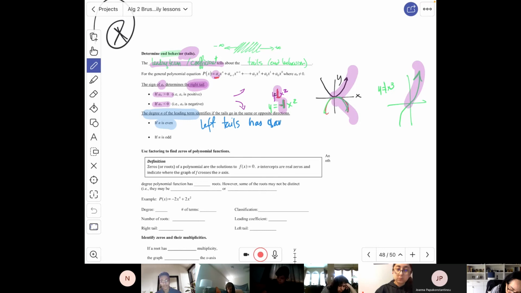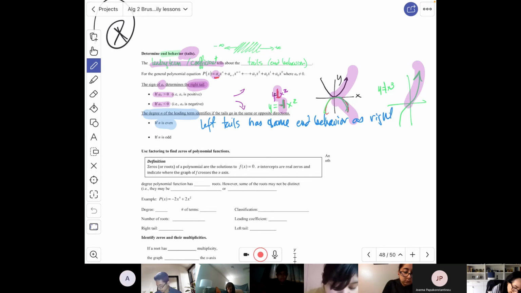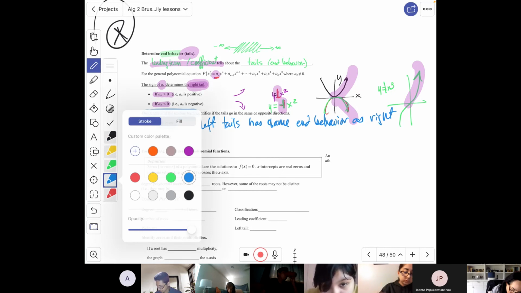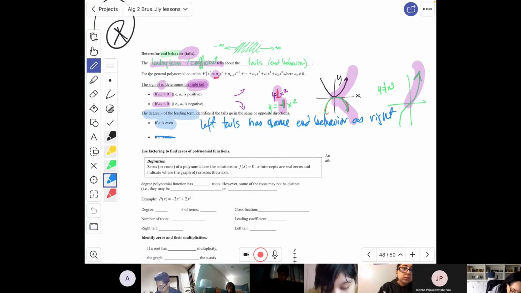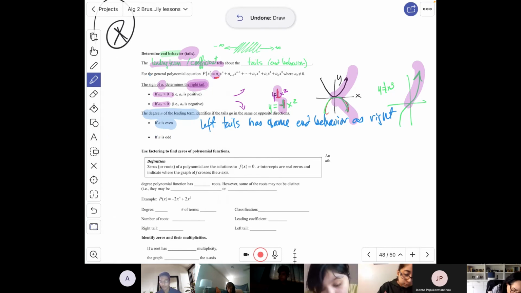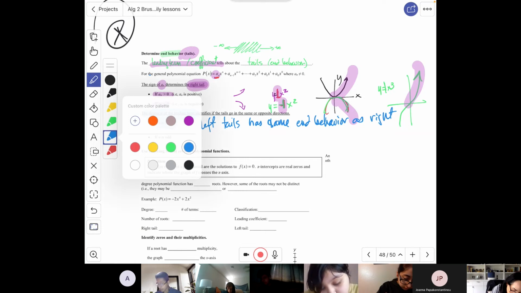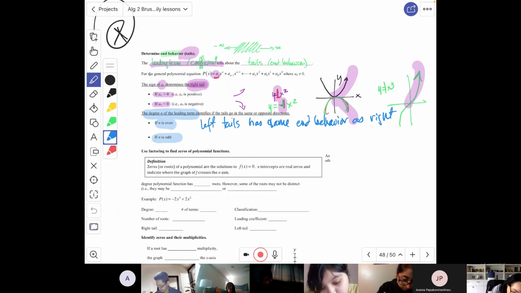It has the same end behavior as the right tail. If the degree is odd, the degree tells you about the left tail.